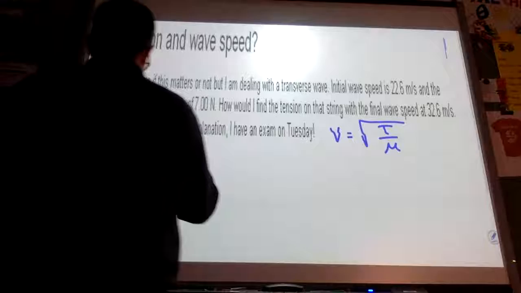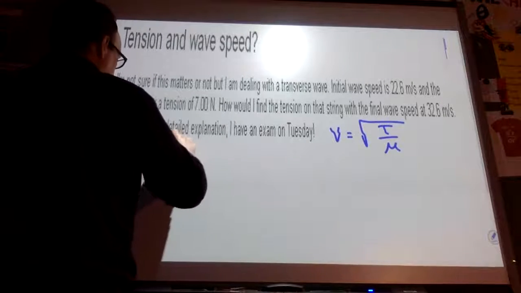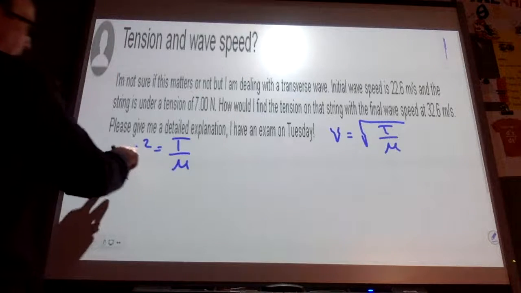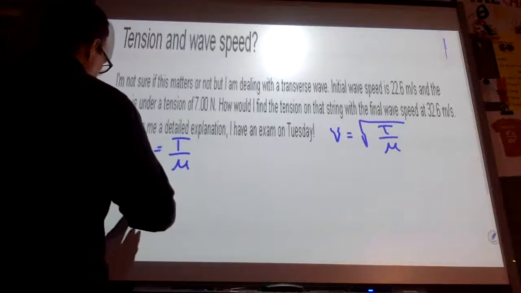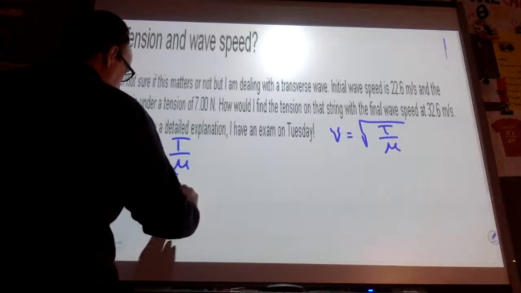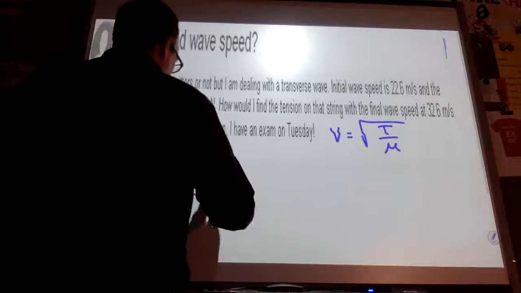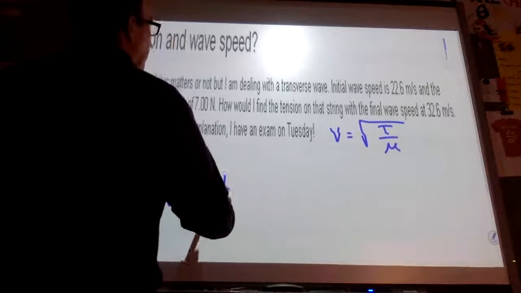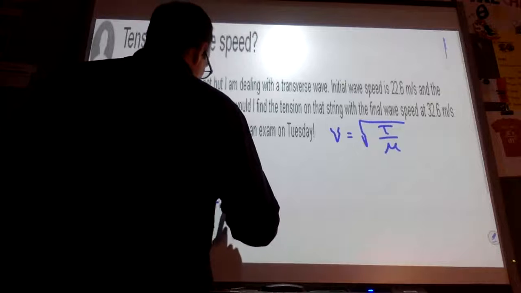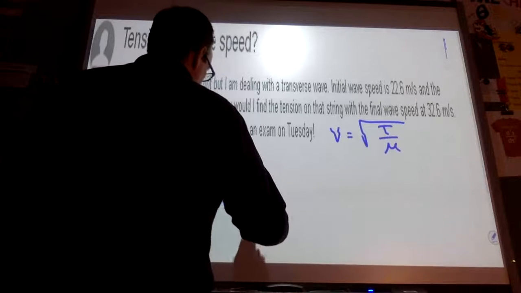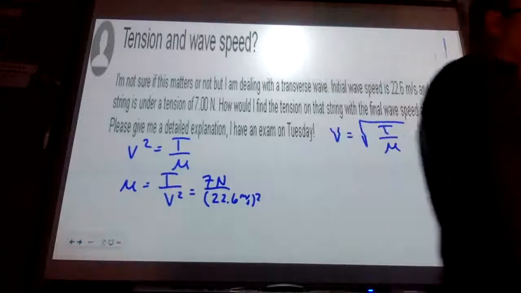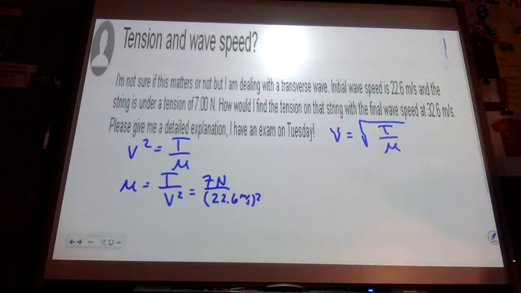So I'm going to square both sides and have v squared and mu change places. And so I have 7 newtons divided by 22.6 meters per second squared.